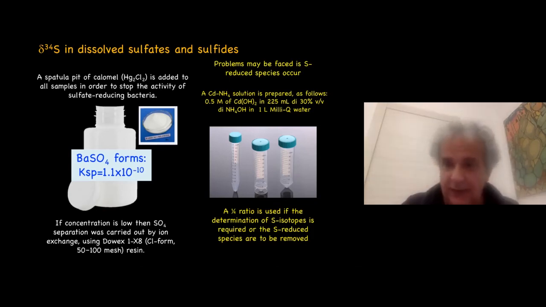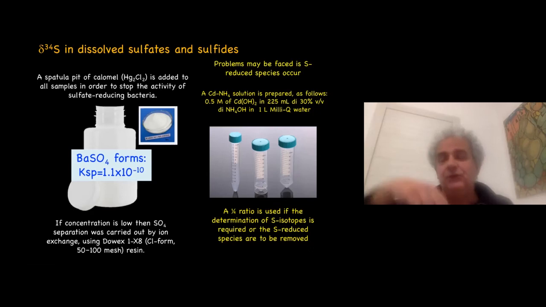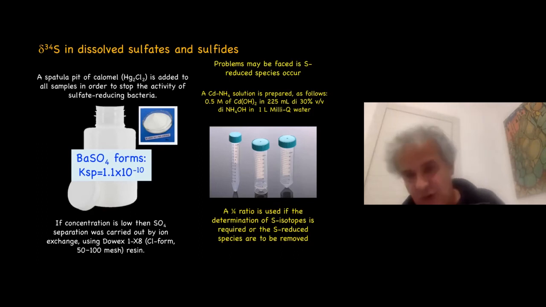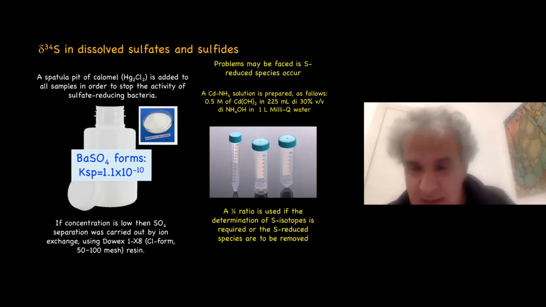So when you add the water, the pH goes up to 10 or more. This means that when you are adding the water, cadmium sulfide is going to precipitate, as we have seen for the gases. So we have the solid formation of cadmium sulfide.